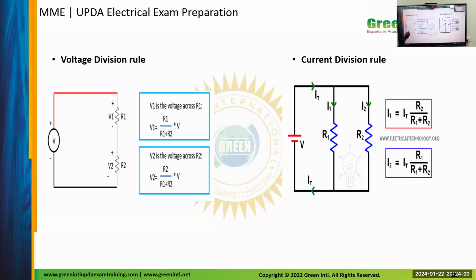For example, say 100 volts, 10 volts, 10 ohm, 15.